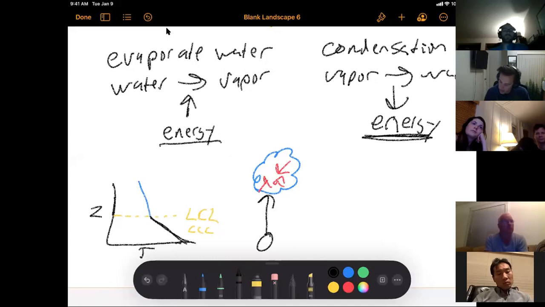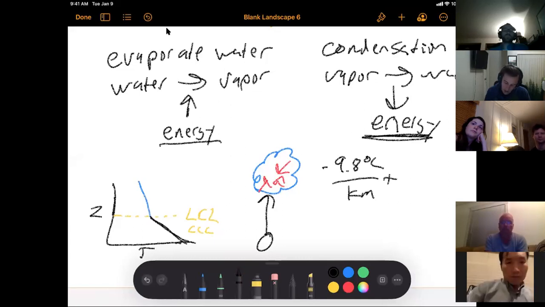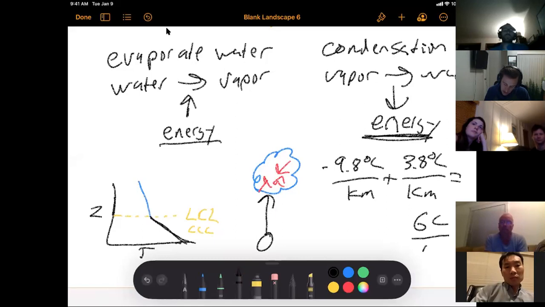Okay, and so if we have 9.8 degrees C per kilometer, right, and we're cooling, and we add in basically 3.8 degrees C per kilometer, okay, this ends up decreasing our lapse rate to 6 degrees C per kilometer. All right, it's a good number to use. It's just to understand it. It does change with the amount of condensation and moisture that's occurring.